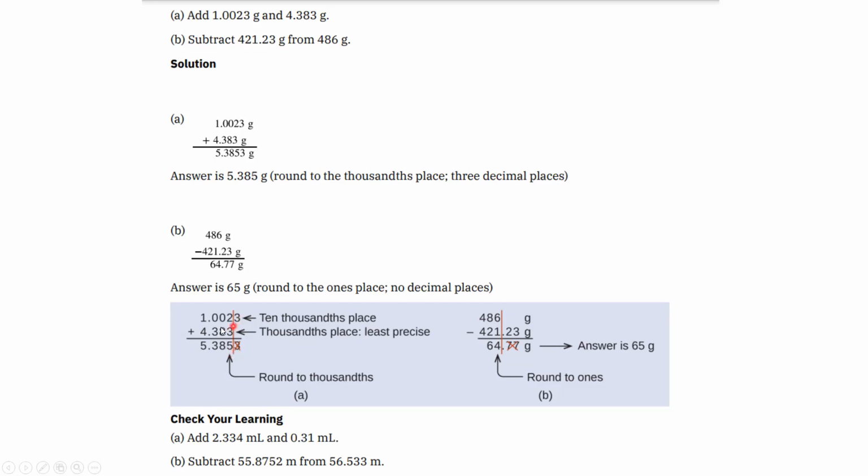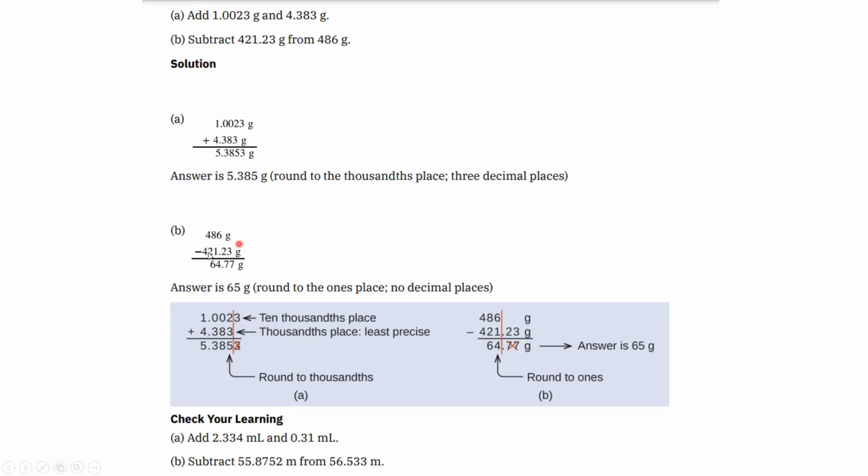If, let's say, instead of 1.0023 here, we had 1.0027, then we'd wind up with 5.3857. In that case, we would round up the last significant digit that we're going to keep. So we would have 5.386. But again, it's just the same way we would normally round. So 5 and above goes up, 4 and below we'll just keep as it is.